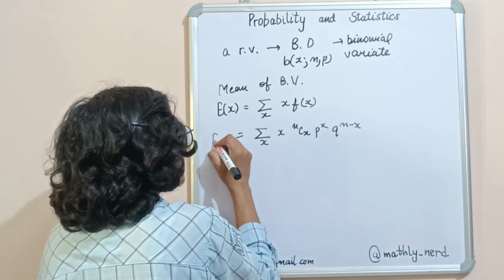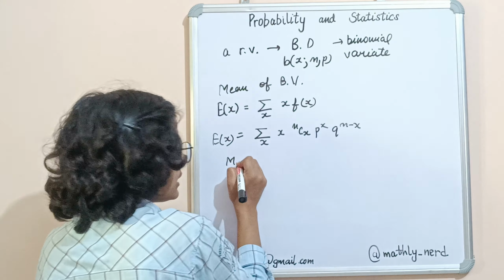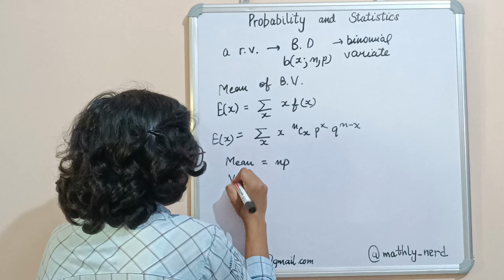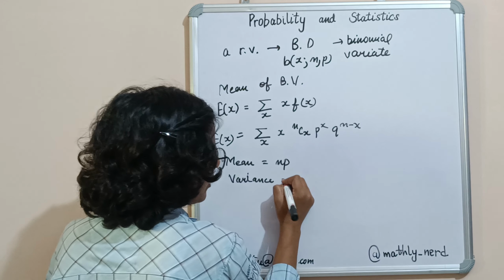And if we will solve this expression, then we will get mean equals to np and variance equals to npq.